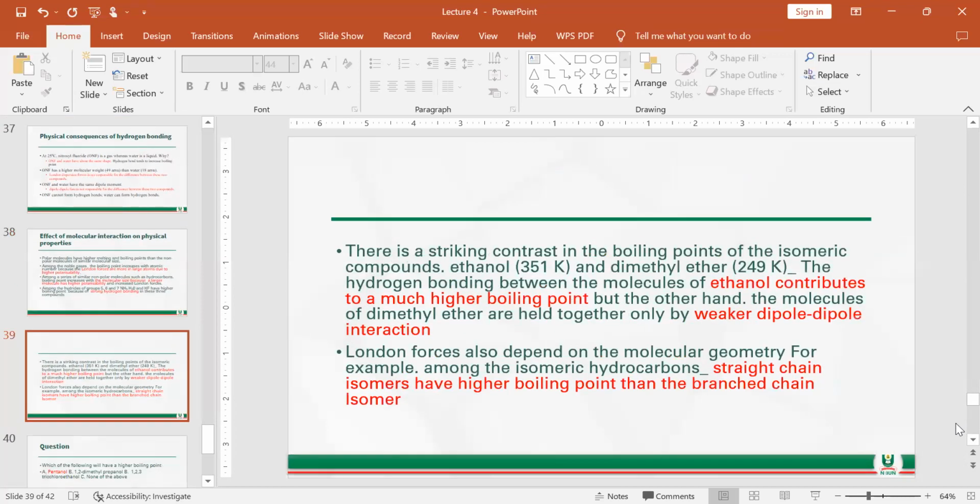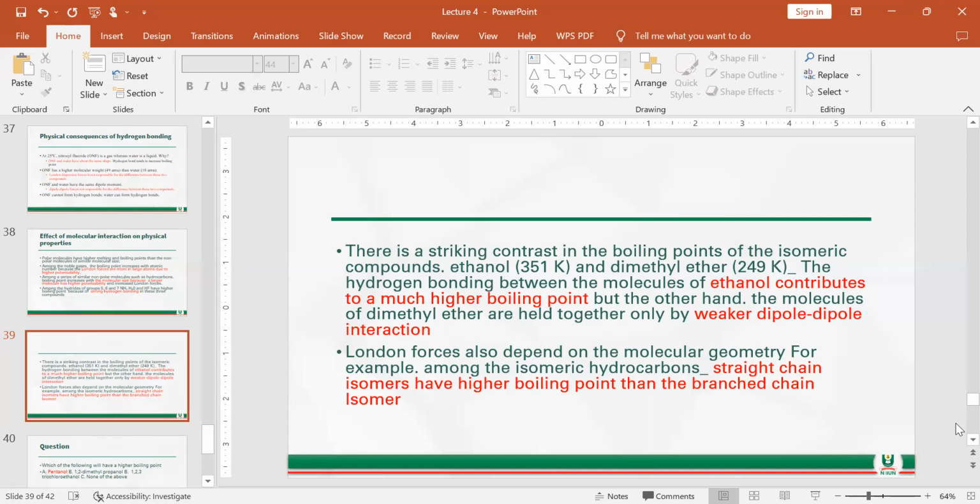There is a striking contrast in the boiling points of the isomeric forms, ethanol and dimethyl ether. They look like isomers, but the hydrogen bonding between the molecules of ethanol contributes to a much higher boiling point. On the other hand, the molecules of dimethyl ether are held together only by weaker dipole-dipole interaction, so it doesn't have a high boiling point.